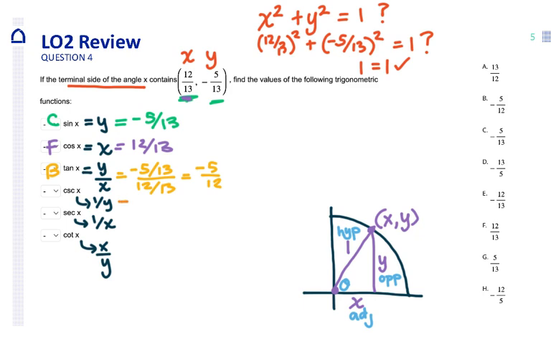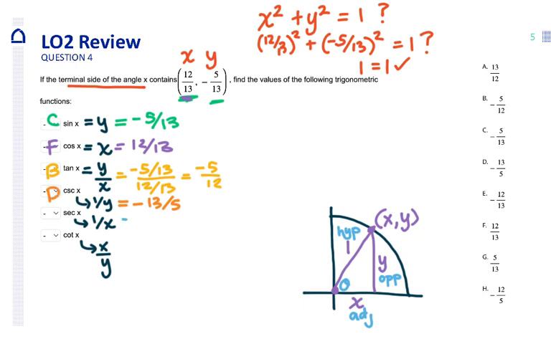Then we can quickly do the reciprocal functions. Cosecant is just the reciprocal of sine, so this is going to be negative 13 over 5. Remember, for the negatives, you can stick it on the top or the bottom or out in front of the middle. These are all equivalent places to put the minus sign. So minus 13 over 5 is choice D. Secant of x is 1 over x.